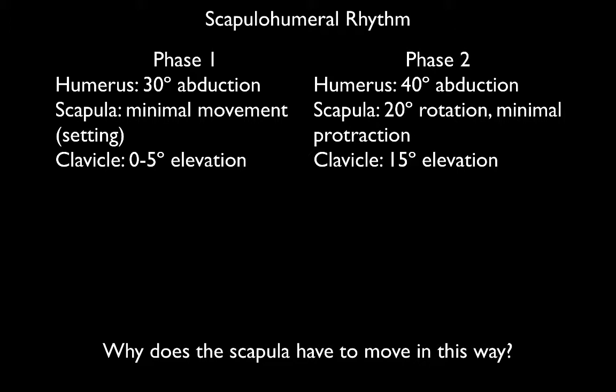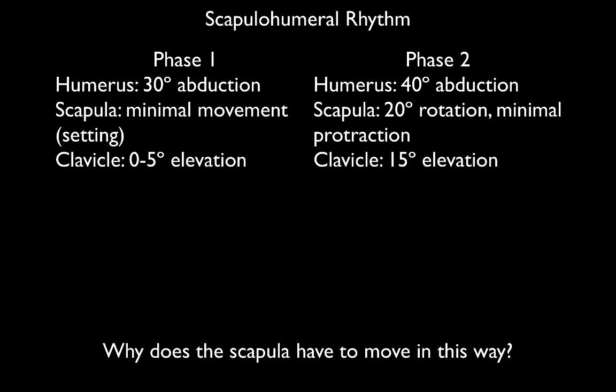So to anyone just looking at a person moving through abduction, phase two is what we would call 90 degrees of abduction. It looks as if somebody is holding their arm out at 90 degrees. However, if you look at this, you'll notice that the glenohumeral joint has only contributed 70 degrees of this total movement. And that's important to note later as we finish the third phase.